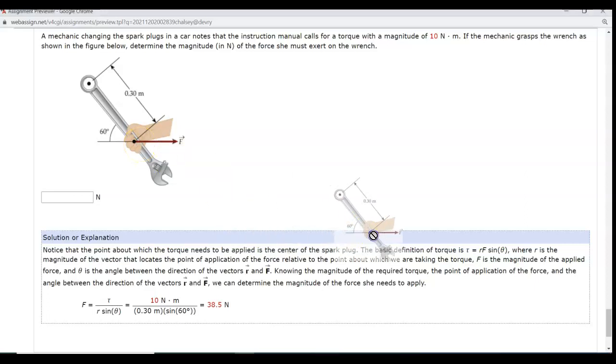F is the magnitude of the applied force, and theta is the angle between the direction of the two vectors r and F.